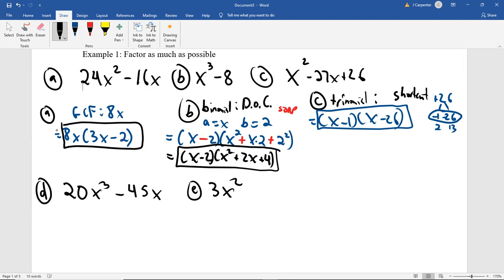What did I want this to be? 16 at the back. A minus. This is a minus. 22x. And yeah, that's right. x squared minus 3x plus 40.